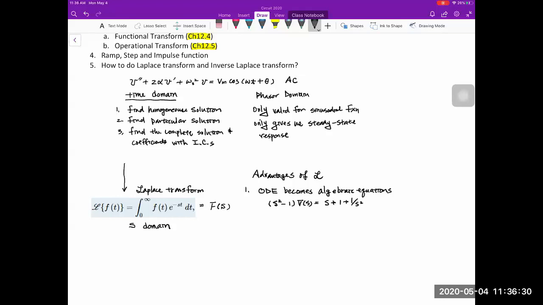So when you have time, you're going to convert it into an S. Then once you write this one here, and when we solve it, we can simplify this by using a partial fraction expansion.